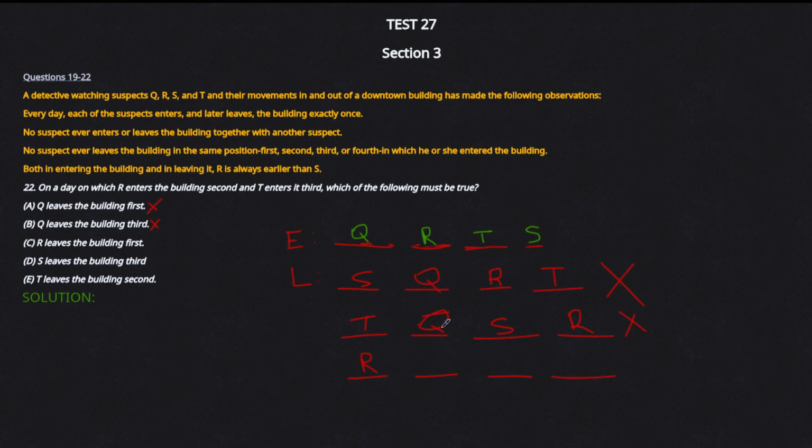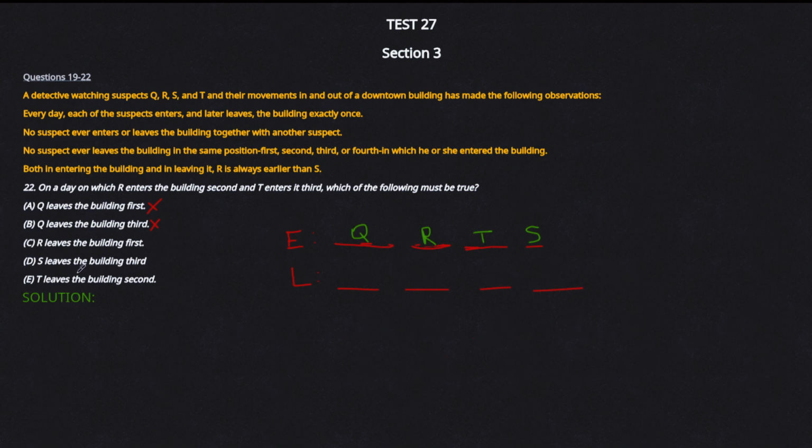Now, I'll put Q at number 2, S at number 3, and T at number 4. This is a perfectly fine and balanced scenario because you have R ahead of S, and none of the entries and the leavings are in the same order. So this checks out all the criteria. So C could be our rightful answer. But still, we will hold it for now.